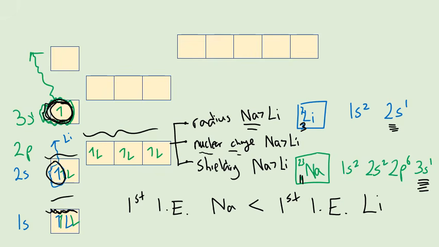That's because the attraction is going to be weaker for this electron than it is for this electron with the nucleus, because it's got a bigger radius, it's got more shielding. That's going to ensure that that electron is more easily lost in sodium. So sodium requires less energy to remove the electrons than lithium. So the first ionization energy of sodium is smaller than the first ionization energy of lithium.